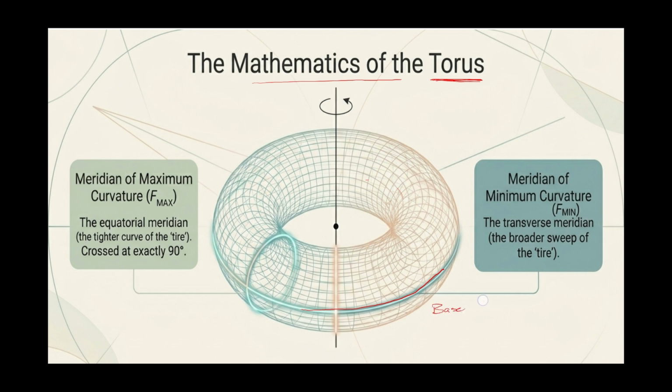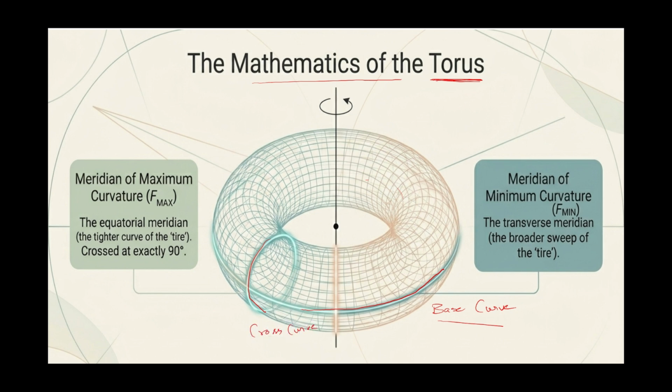When we talk about any toric surface, there is one base curve or the weaker curve. Any curve which is perpendicular to that and has the maximum curvature is known as the cross curve.